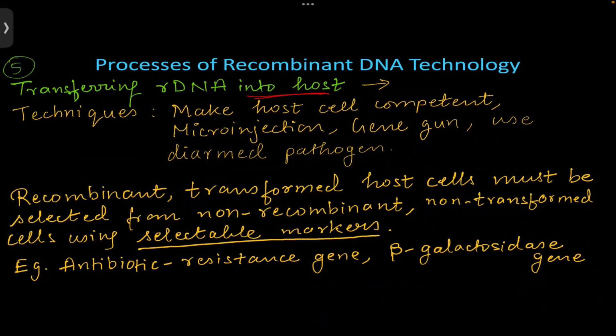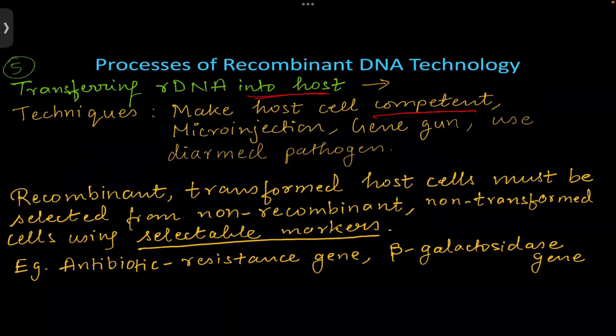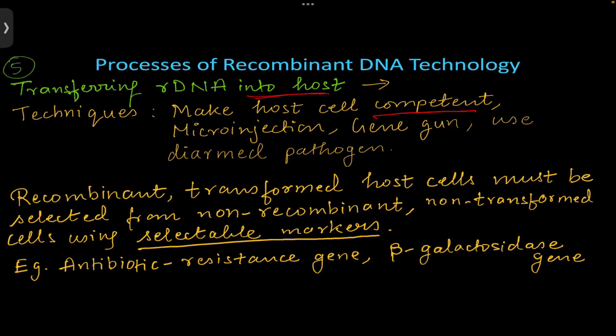You can make a bacterial cell competent using calcium salts, calcium phosphate, and then heat shock, and then expose it to ice. Then you can use the microinjection technique or gene gun technique, or you can use a disarmed pathogen. So all these techniques are available, which will help you to transfer a recombinant DNA into a host cell of your choice.